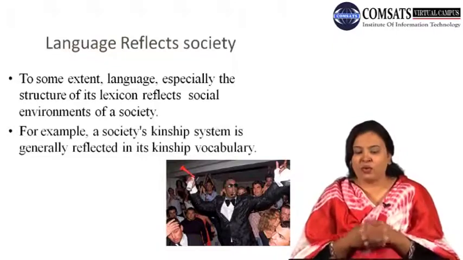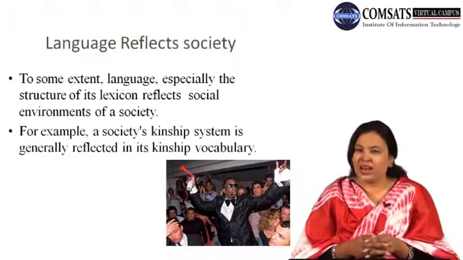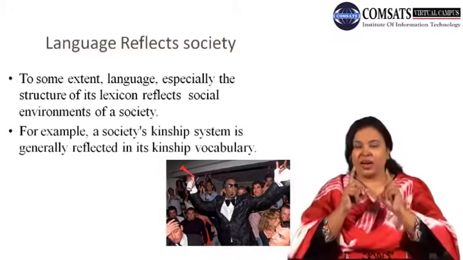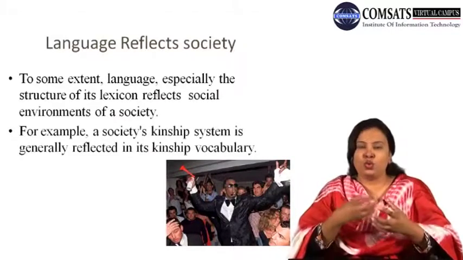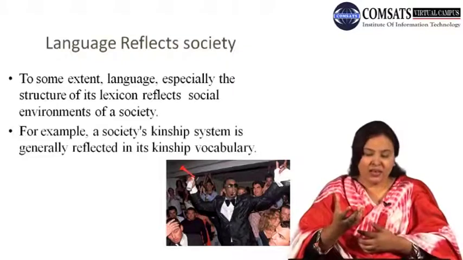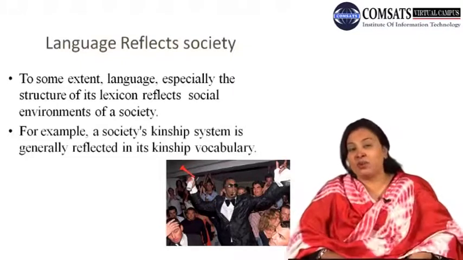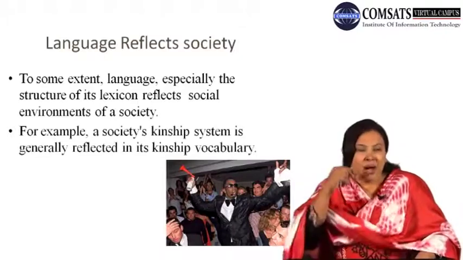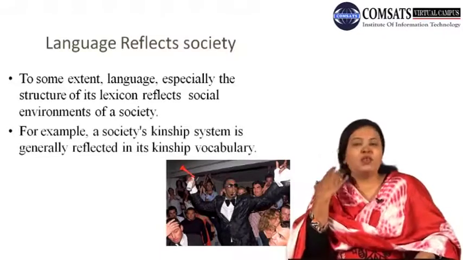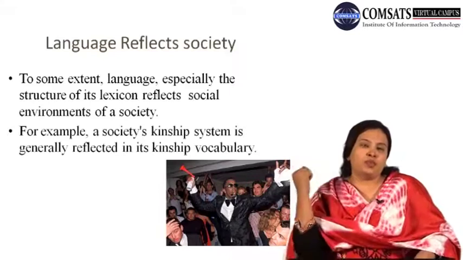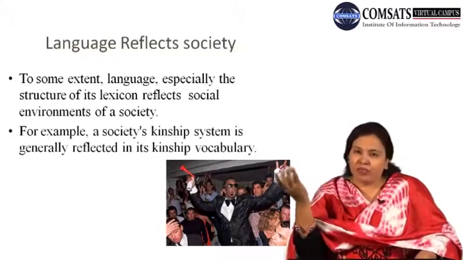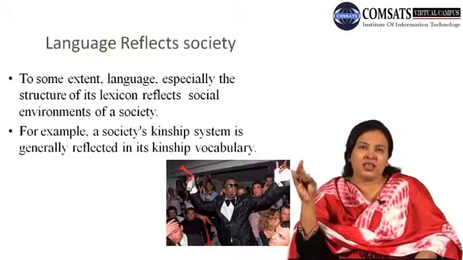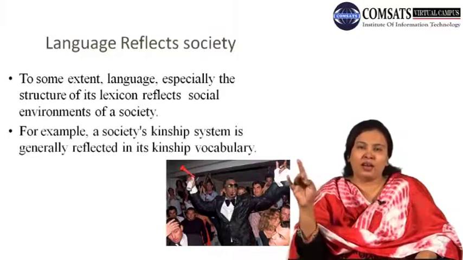Because I am saying that language reflects society, and when language reflects society, the vocabulary or lexicon items are the biggest source to reflect a society. Now another example is a society's kinship system. In English society, what are the kinship terms? They have father, mother, son, daughter, brother, sister, aunt, uncle.